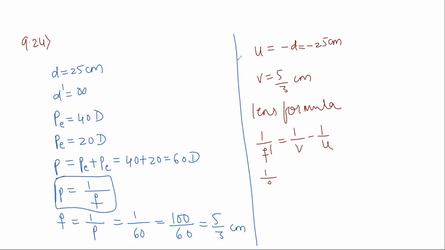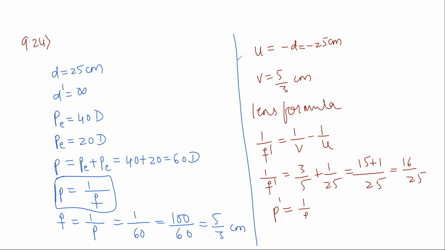So 1 by F dash is equal to 3 by 5 plus 1 by 25. Taking the LCM of these two, 15 plus 1 divided by 25, we are getting 16 by 25. If you want to calculate power, P dash is equal to 1 by F dash into 100, so 16 by 25 into 100.